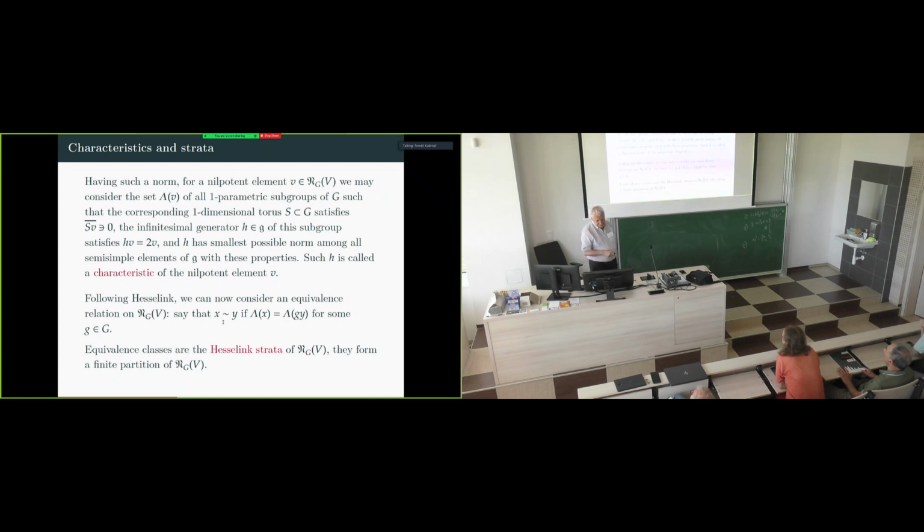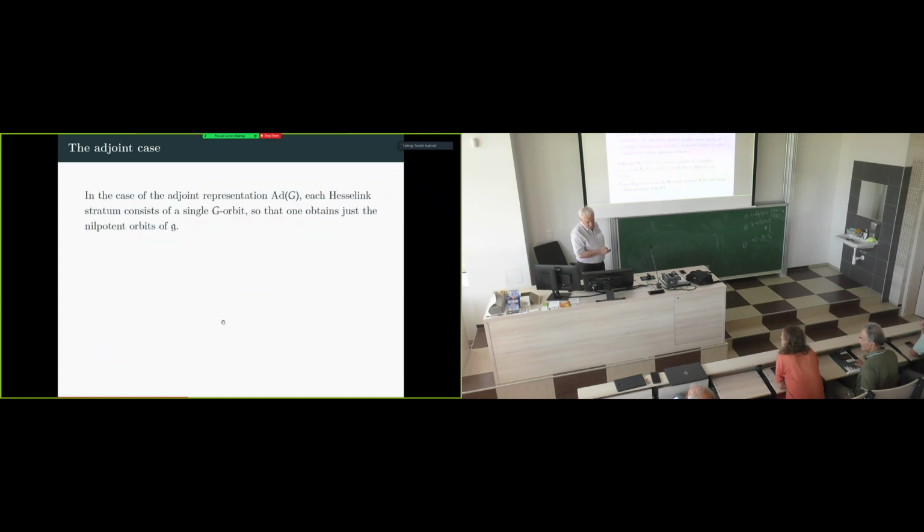These equivalence classes are called the Hesselink strata, and for all representations of a reductive group, the null cone obtains, with the help of this definition, some finite partition.